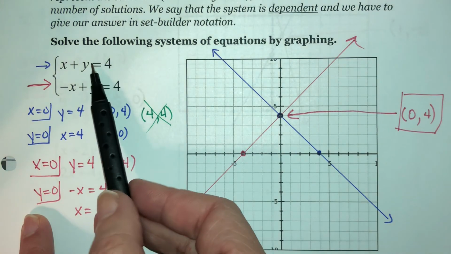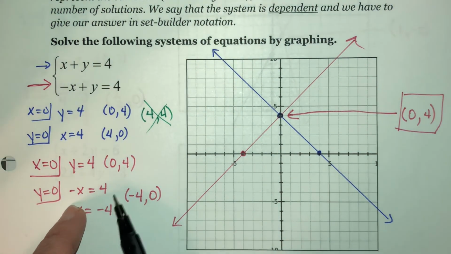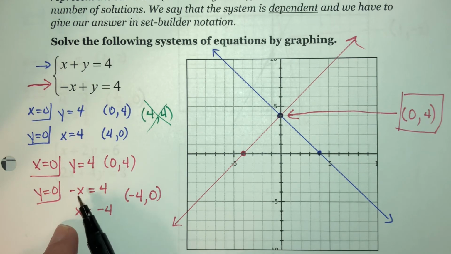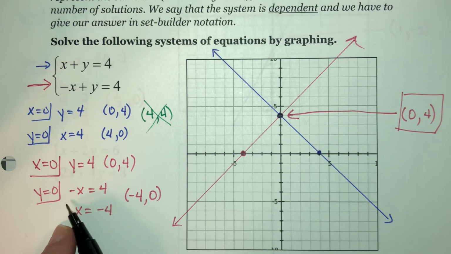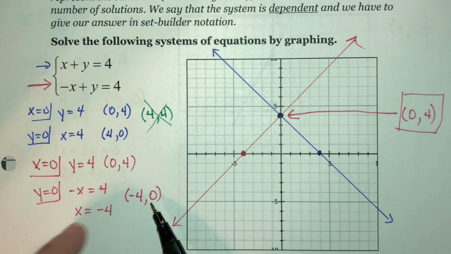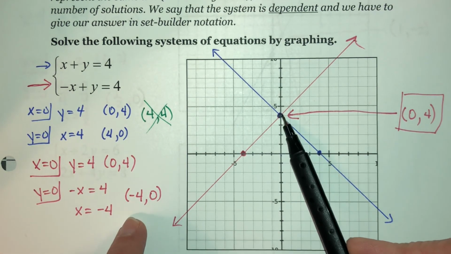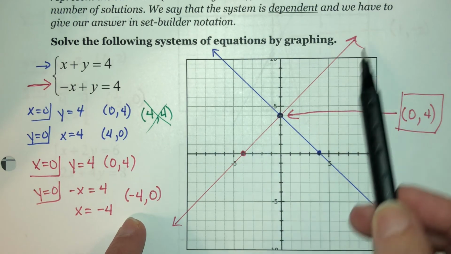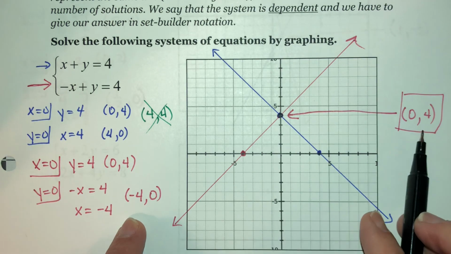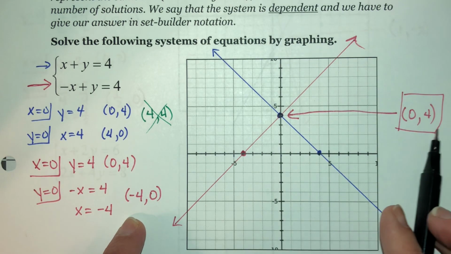If you have y equals 0, the y goes away, and you end up with negative x equal to 4. And remember, when you have solved for negative x instead of x, you just change the sign on both sides. So that gives me negative 4, 0. We plot our 2 points, 0, 4, negative 4, 0, connect them, and they cross in exactly this point. So our solution is the point 0, 4.